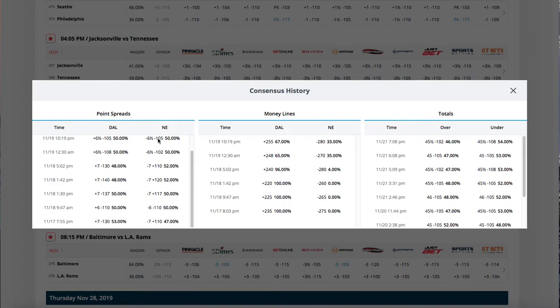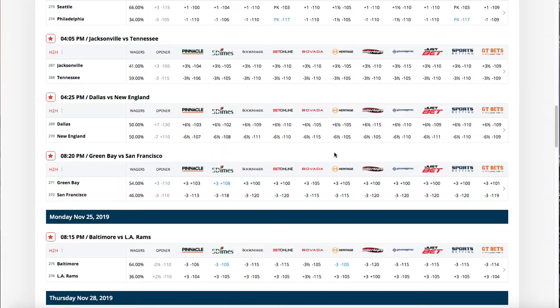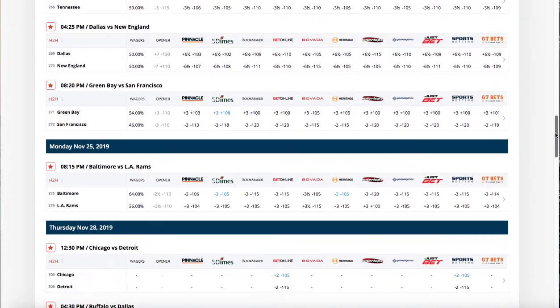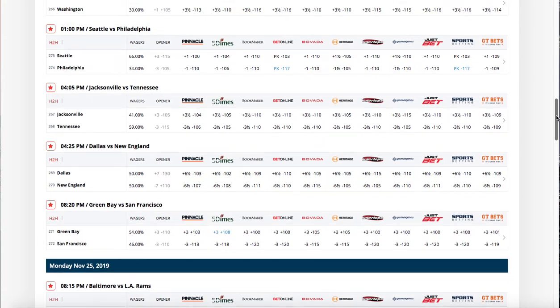Now it's gone down to 6.5 here. Okay. So when you see a game like this, you'll see me play a lot of games like this. You can make the assumption we've got even tickets and pretty much even money. This line really hasn't moved that much. Okay. All right. So that's just a quick overview of line movement.